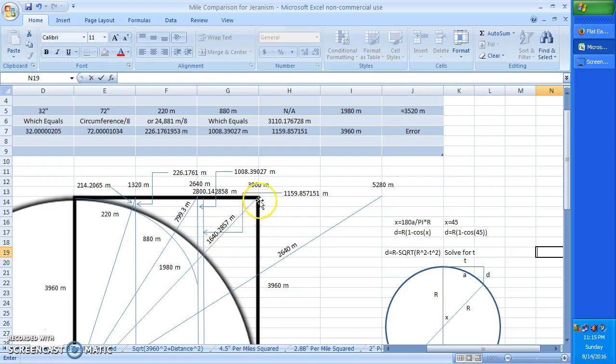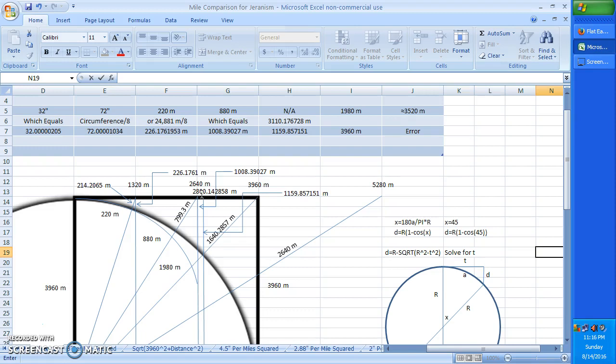For this particular equation, because this is the hypotenuse, it is also on a 45, and it creates a 45, 45, 90 triangle. We can apply a squared plus b squared equals c squared. So we can take 1,640.28757, square it, divide by 2, and then take the square root of that.